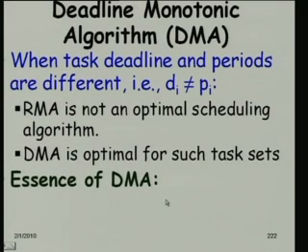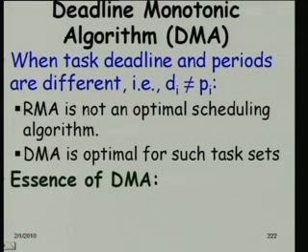Now, let us look at a variation of the rate monotonic algorithm, which is the deadline monotonic algorithm. So far we have been saying that the rate monotonic algorithm is the optimal scheduling algorithm, but we had made some assumptions.